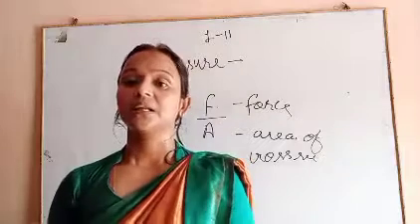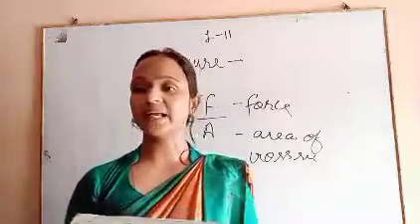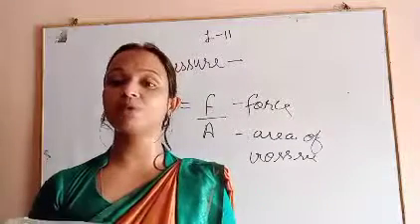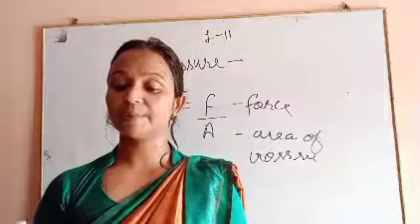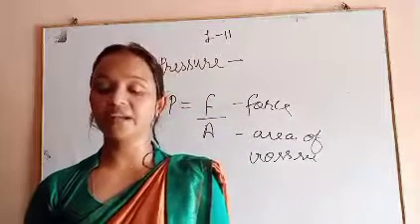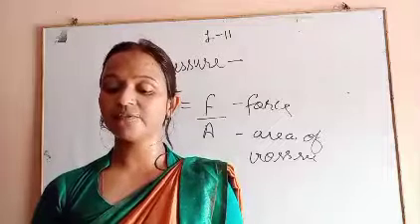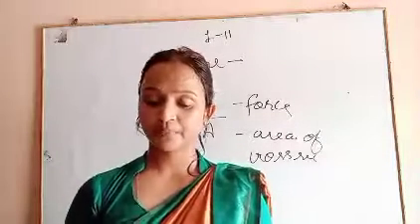The lesser the area of contact of a given body, the more is the pressure exerted by it. The more the area of contact of a given body, the lesser the pressure it will exert. The more the force acting on a body, the more pressure it will exert, and vice versa.